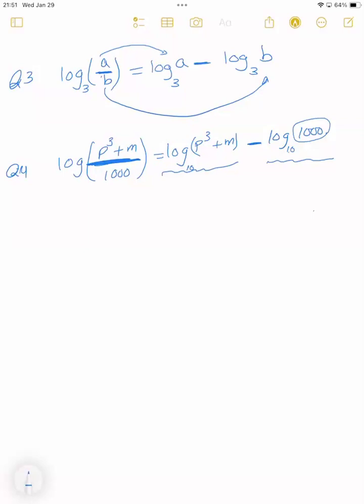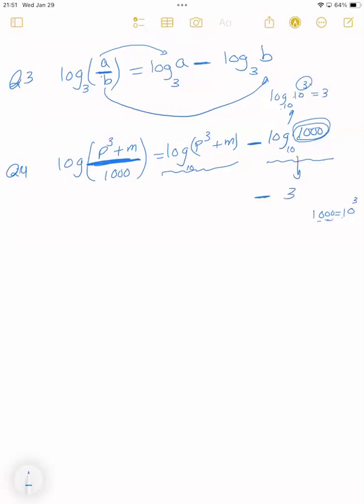We can write 1,000 as 10 to the power 3 because you have 3 zeros. So I can write this as log base 10, and 1,000 is 10 cubed. 10 and 10 are the same, the answer is 3. So this becomes 3.